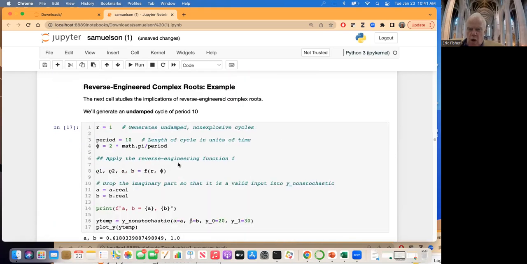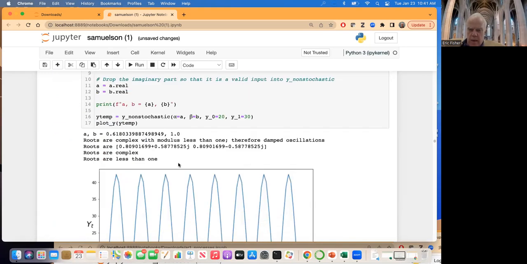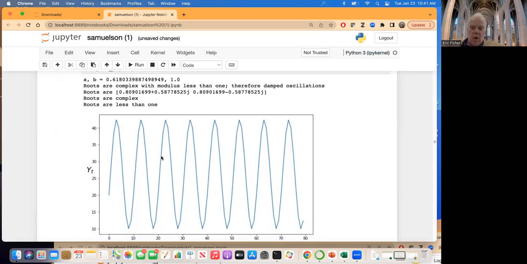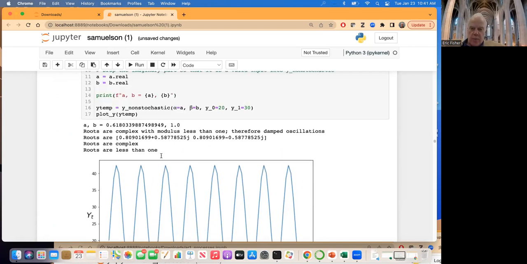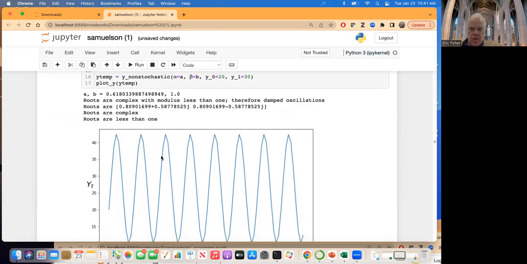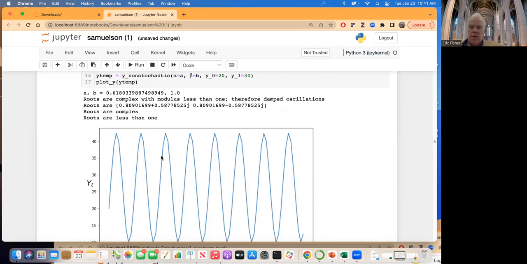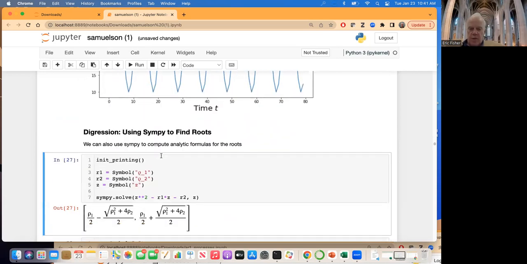If I plot this thing out, if the roots are 0.809 plus 0.58i and 0.809 minus 0.58i, what do you know about these? You know that their radius is 1. So that's why these things go up and down and they do not explode. Okay? So this gives me deterministic cycles for the second order difference equation.